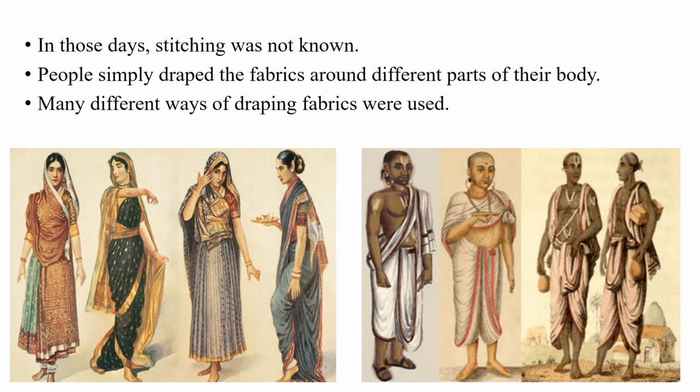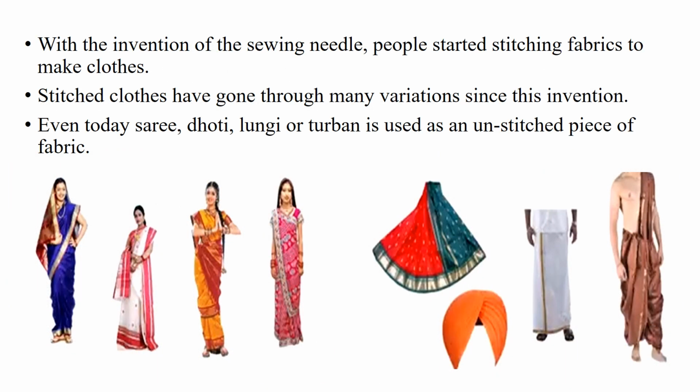But in those days, stitching was unknown. People simply draped the fabrics around their bodies. Many different ways of draping fabrics were used. But when the sewing needle was invented, people started stitching fabrics to make clothes.